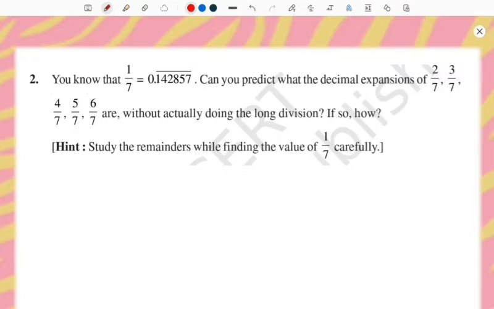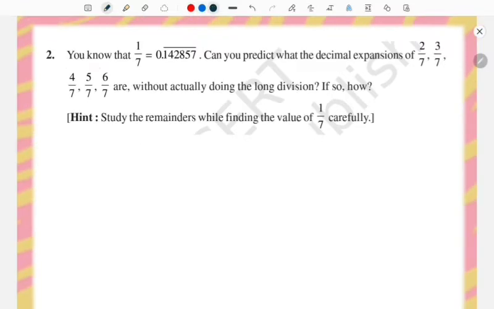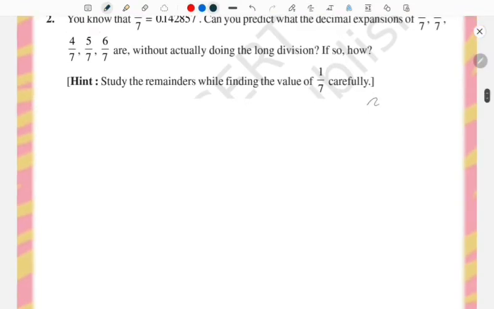So let's divide. Let's divide 1 by 7. This is 0.7 1s are 7. What do I get? 3 as remainder. Then another 0, this becomes 30. 7 4s are 28.